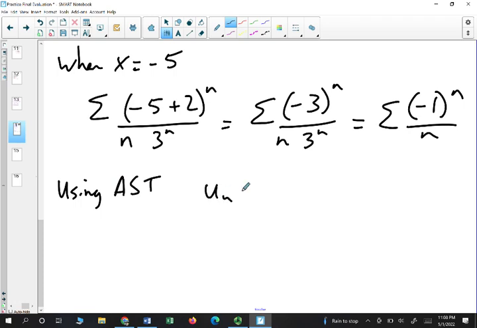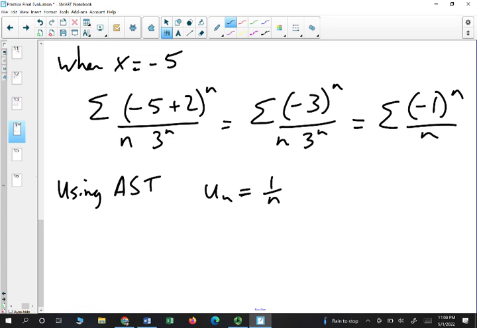Our un would be just 1 over n. Remember, you take the term without the negative 1, the coefficient that flip-flops it between negative and positive. So the un is 1 over n.